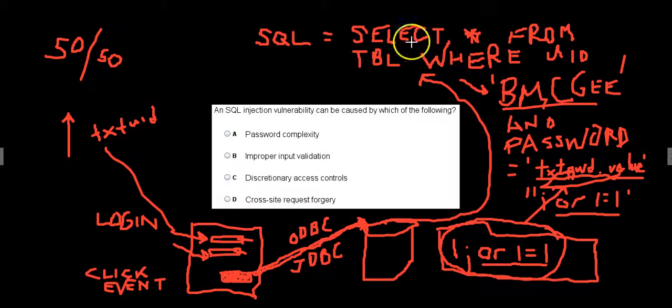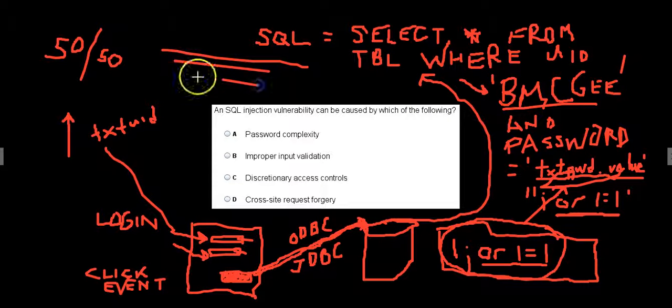Well, what happens is it selects all from table where user ID equals Ben McGee and password equals tick tick, and then that statement is complete. So UID is this, and then you say or show me in the database anything where 1 equals 1, and then the database says 1 always equals 1, you idiot. And then it'll just return all the records in the database to you, because the input that it was given is an absolute.